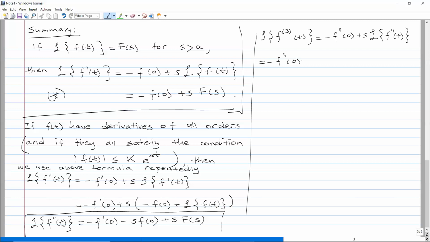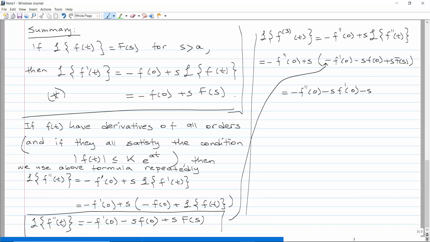But the Laplace transform of the second derivative, by the above formula, is minus f prime 0 minus s f of 0 plus s capital F of s. So we have minus f double prime 0 minus s f prime 0 minus s squared f of 0 plus s squared capital F of s.